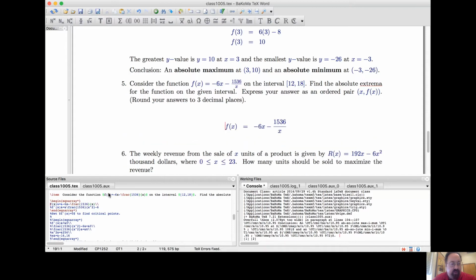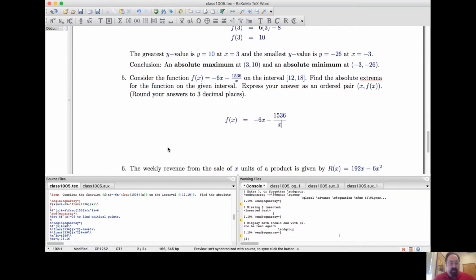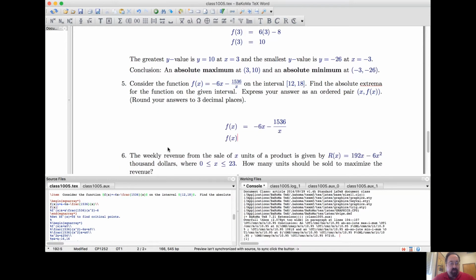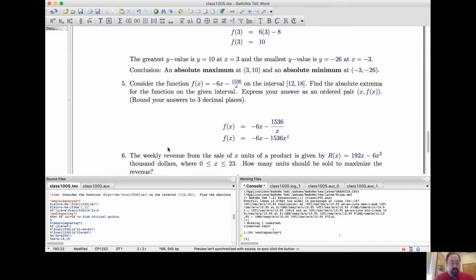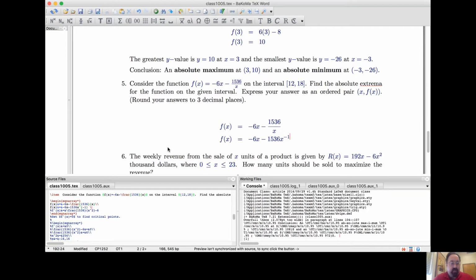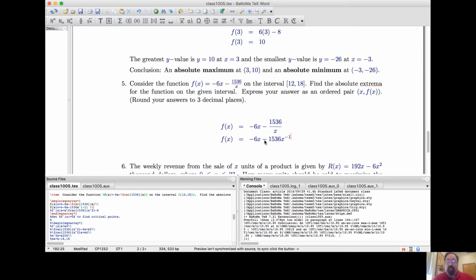So we go ahead and take the derivative, and a good idea is to rewrite the function. So I'm going to write it as minus 1536 x to the minus 1. That's more conducive to taking a derivative using the power rule.